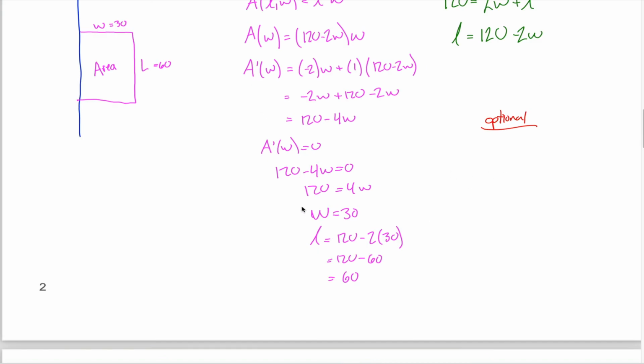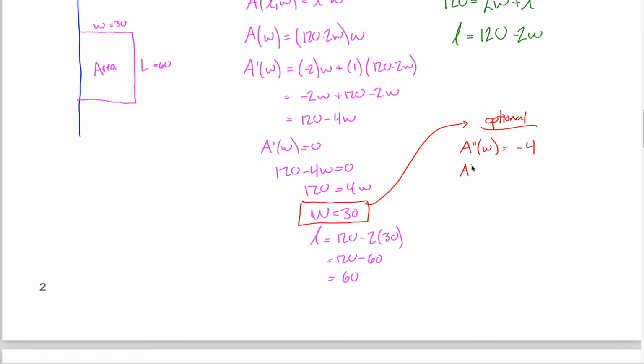Really at this point, I should take this critical value where W equals 30 and make sure that it represents a local maximum, because I'm trying to find the maximal area that I could fence. In order to make sure it represents a local maximum, I should look at the second derivative, A double prime of W, which is easy enough to figure out because I have A prime of W written right here. The derivative of 120 minus 4W is just negative 4.